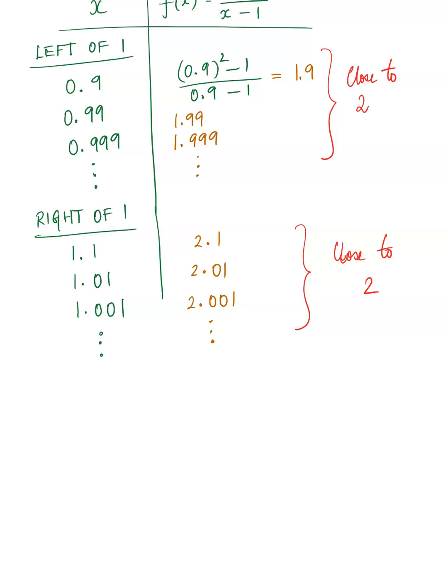To indicate this behavior of pushing closer and closer to this value and finding a corresponding limit value, this 2 is called the limit value, because the function value approached the same value, be it from the left of 1 or the right of 1. So we use a shortcut.